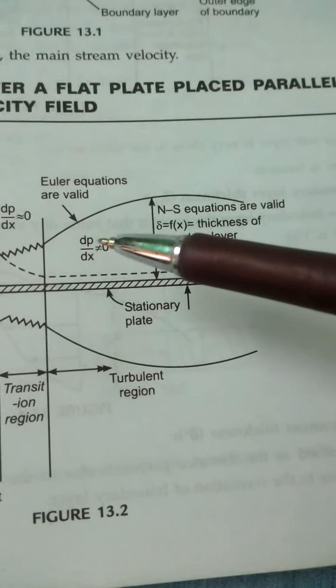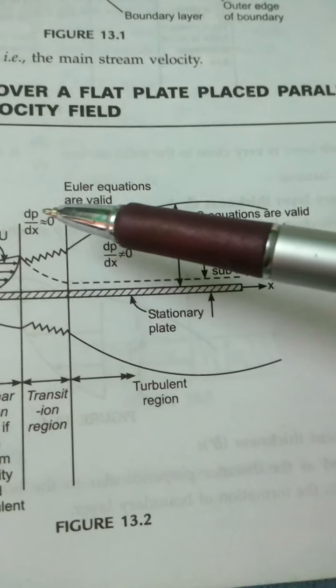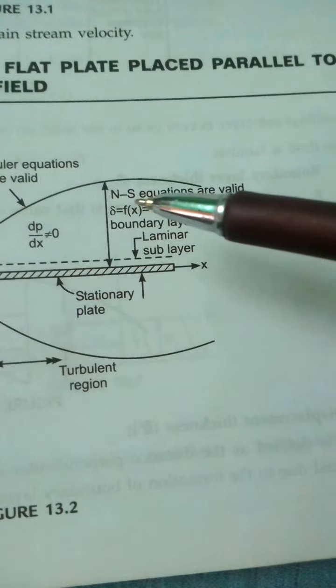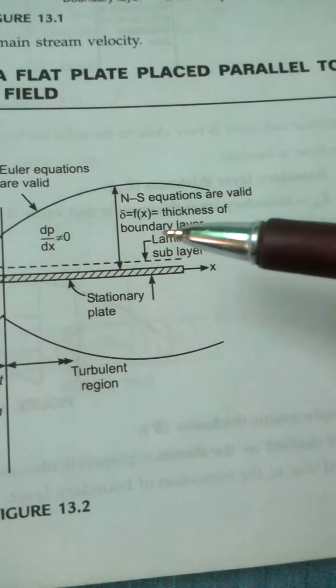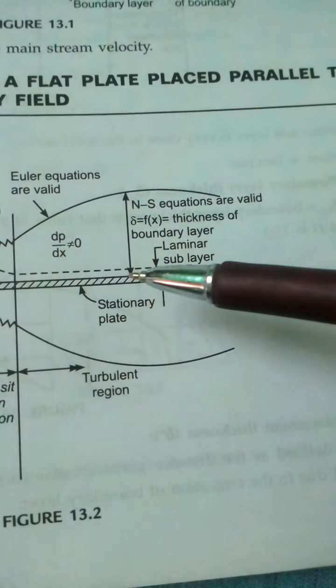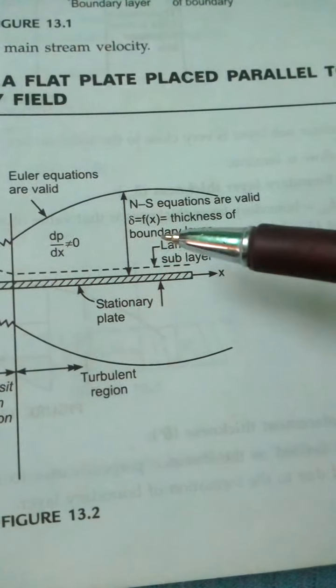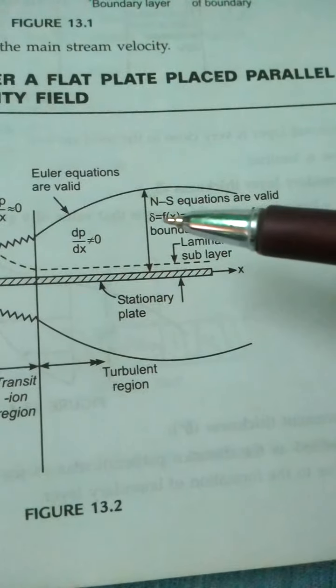There is some pressure gradient. This P is the pressure, okay, this is not rho. The Navier-Stokes equations are valid in this turbulent region, and this is the thickness of the boundary layer, which is a function of x in the turbulent region.